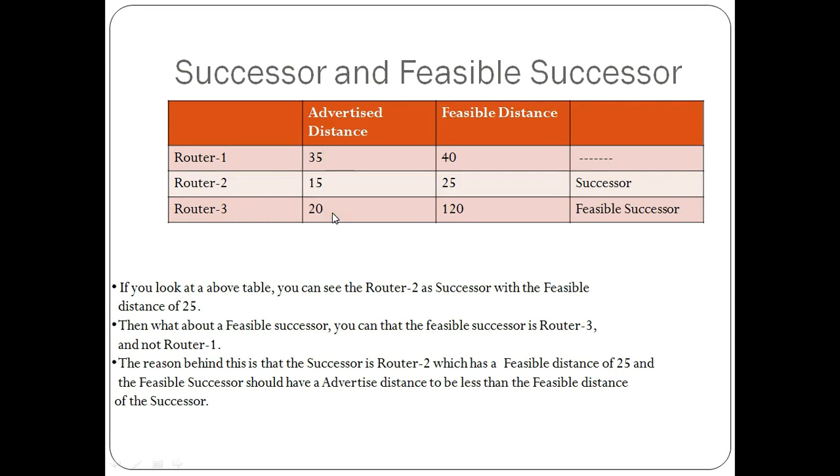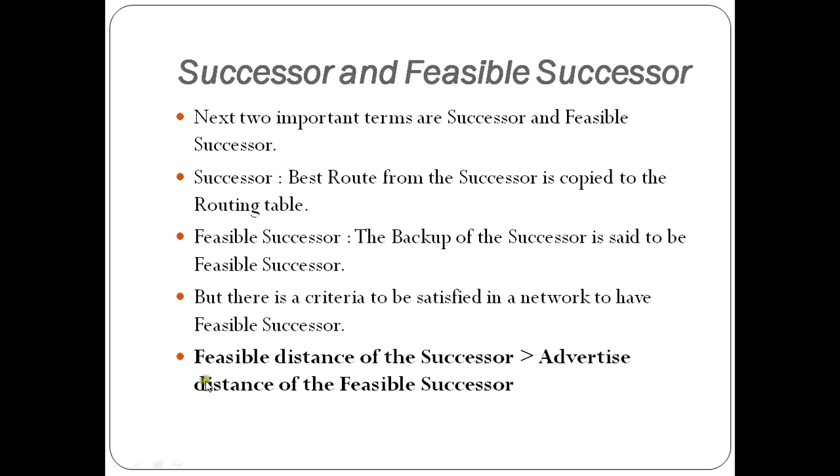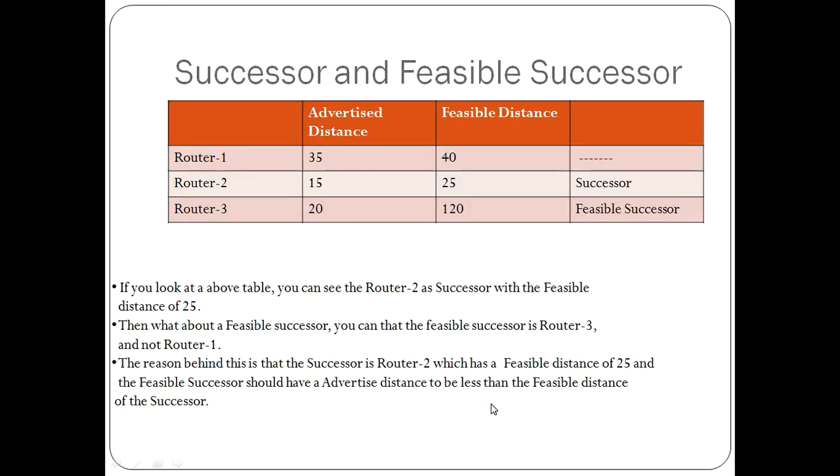Here is 20, it's lesser. So this R3 will become a feasible successor. That's what I said. The feasible distance of a successor should be greater than the advertised distance of the feasible successor. So that's the criteria to become a feasible successor.